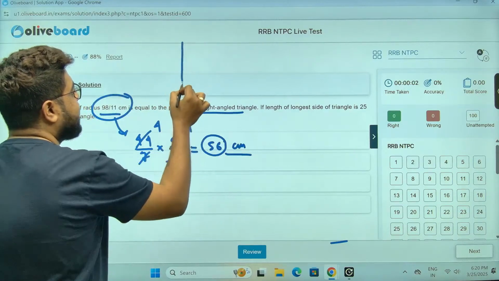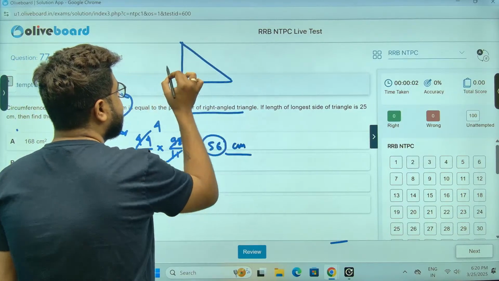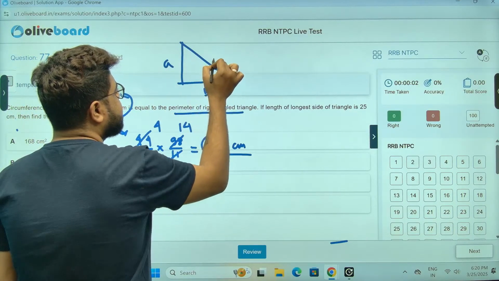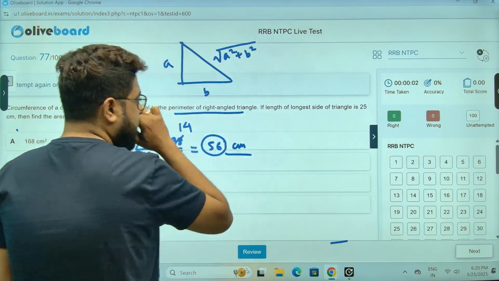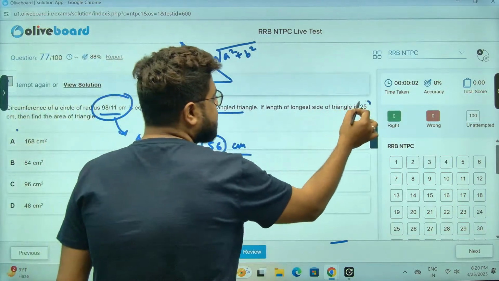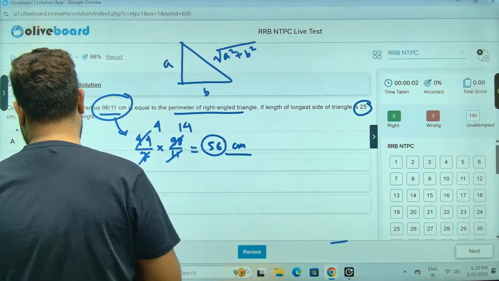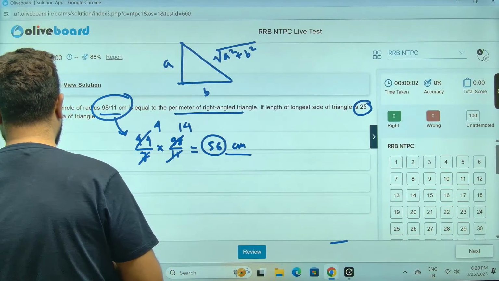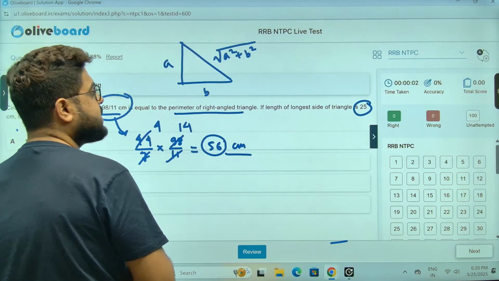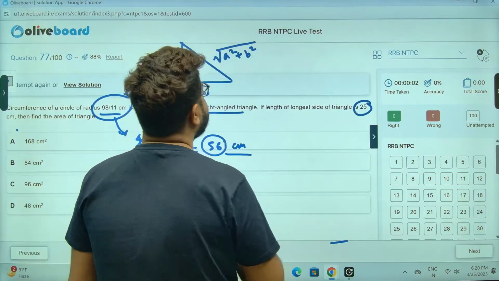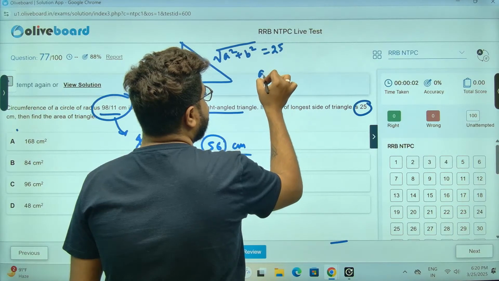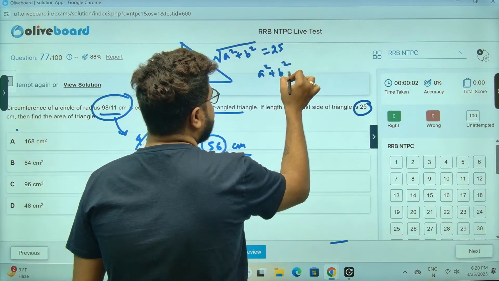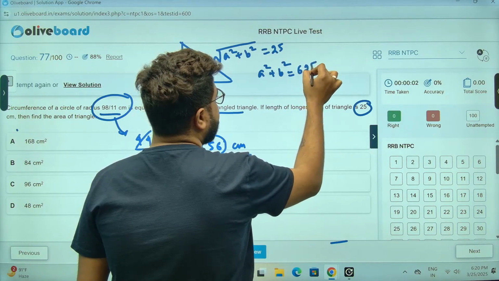So there is a right angle triangle like this one, sir. This is A, this is B, and this is root over of A square plus B square. Right? This is given as 25. But sir, no, we cannot escape. So this is equal to 25. The first equation, A square plus B square is 625.